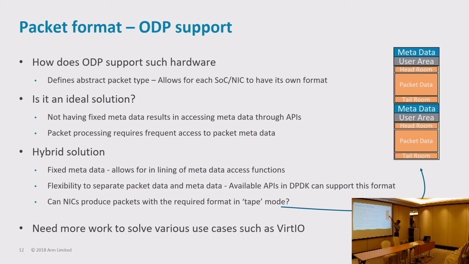It has metadata, user area, headroom, and then there is packet data, and then space for expanding the packet. But this packet is generated in the tape mode, where the NIC generates the required format, puts the packets contiguously and coalesces multiple transactions into a single transaction.